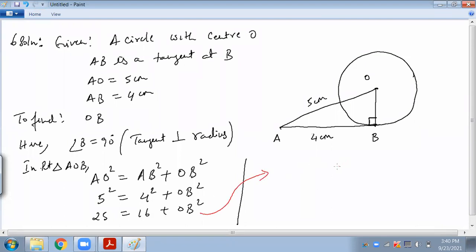Now we're going to find OB. So leave OB square on the same side, and take the 16 to the other side. If you take it to the other side, it becomes minus. So 25 minus 16 is 9.